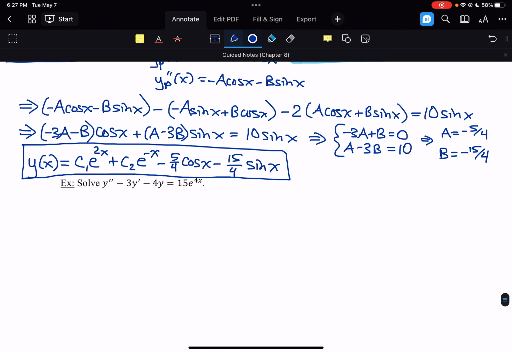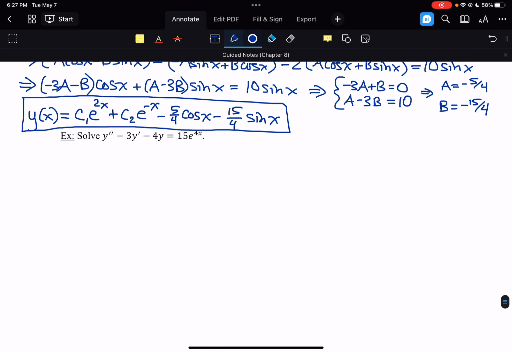Solve y double prime minus 3y prime minus 4y equals 15e to the 4x. So start with step 1, which is going to be, so we'll convert this, that's d squared minus 3d minus 4 of y. Solve that corresponding homogeneous equation.